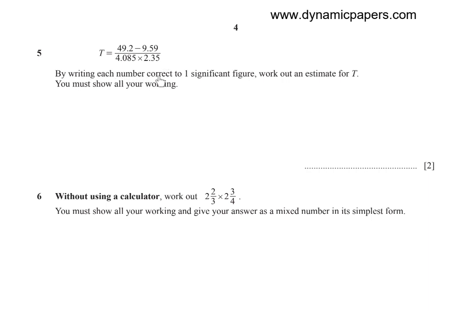By writing each number correct to one significant figure, work out an estimate for T. So now we can write each number correct to one significant figure. 49.2 to one significant figure will be 50, minus 9.59 to one significant figure will be 10. 4.085 to one significant figure will be 4, times 2.35 will be 2.